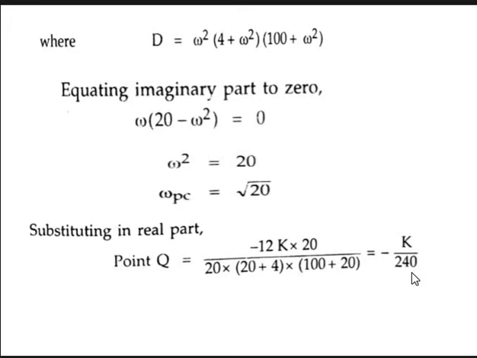So this is the point Q, which is on the negative real axis. So the rationalization is completed. Finally, the polar plot intersects the negative real axis at the minus K by 240 point. So finally we can draw the Nyquist plot.